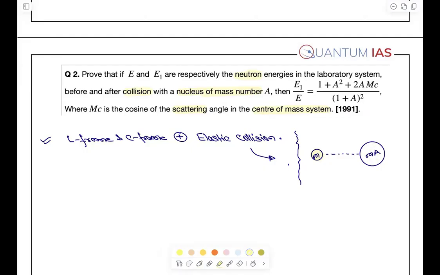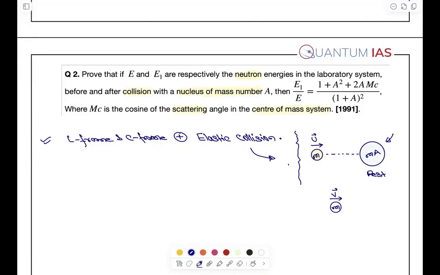Now you need to understand one thing. Although we have covered these things in detail in classes, so I'm not going to spend time on them. I'm just stating the facts. Let's say it is coming with velocity u and the nucleus is initially at rest. This is the initial condition. After the collision, the nucleus will have velocity v.